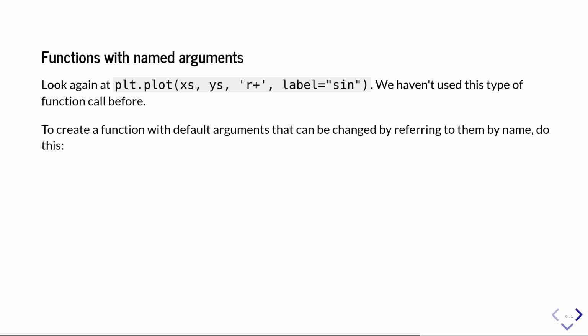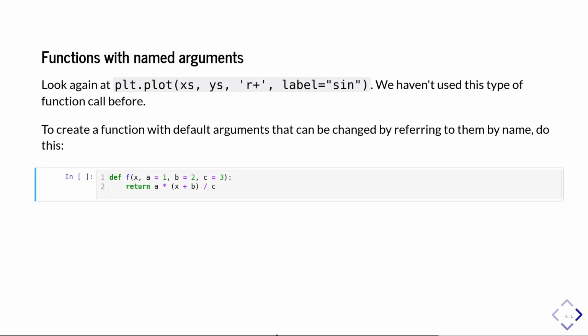So what named arguments allow you to do is to give a default sensible value, like plotting a blue straight line, to some of the inputs to your function, which the user of your function can then change if they want to by using this syntax where we specify the name of the argument, which was the label, and then say that the label should be the string sine.